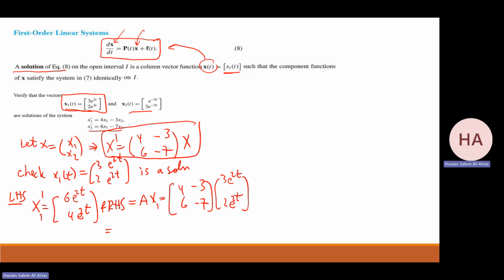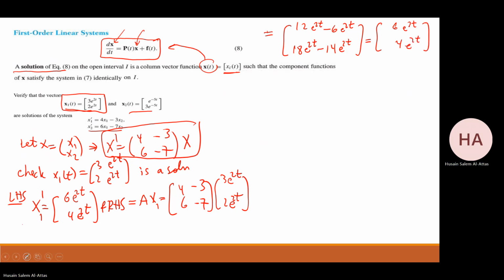Let me do it here. That will be equal 12e^2t minus 6e^2t, then I have 18e^2t minus 14e^2t. And that will be 6e^2t. 18 minus 14, that will be 4e^2t.